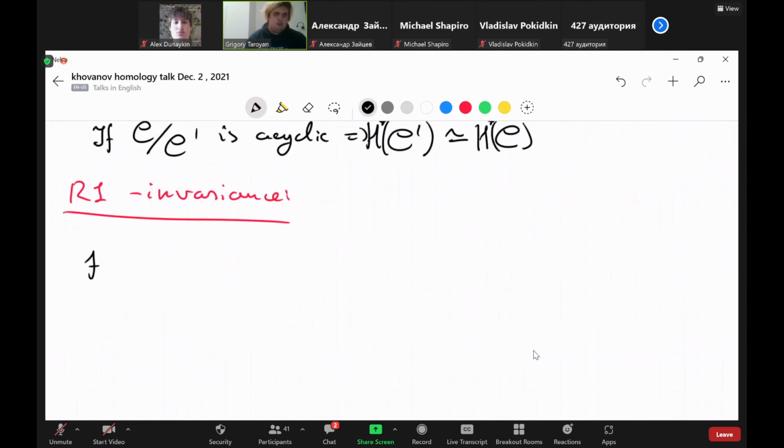So to compute the Khovanov homology of this intersection, we need to consider a complex of the following form.